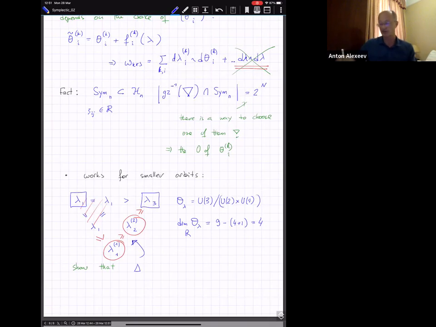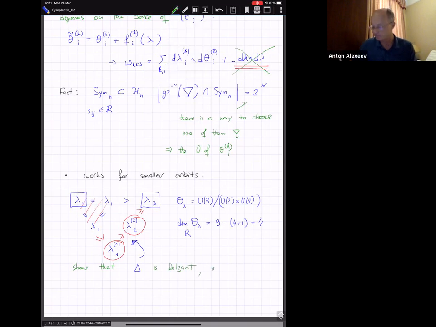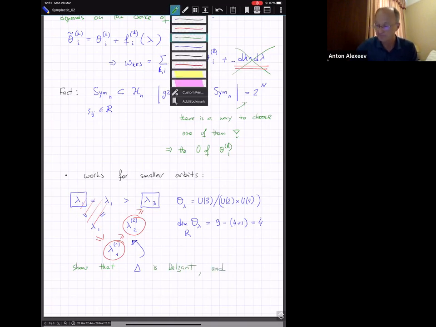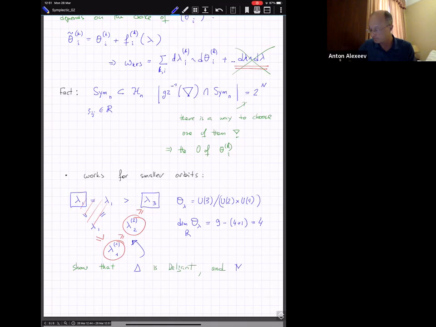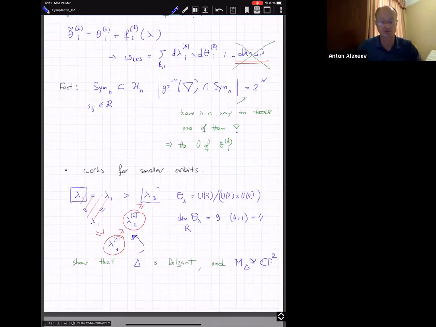Show that this polytope is Gelfand, and the corresponding M delta is isomorphic to CP2. And in fact, U3 mod U2 cross U1 is isomorphic to CP2.